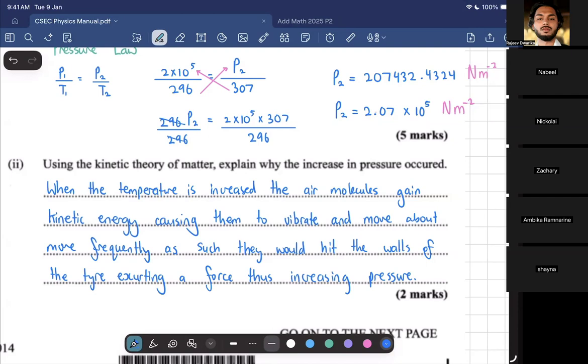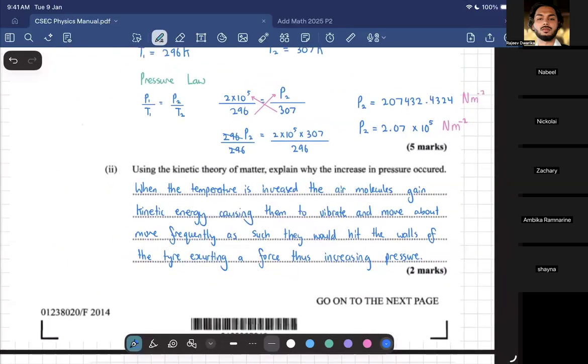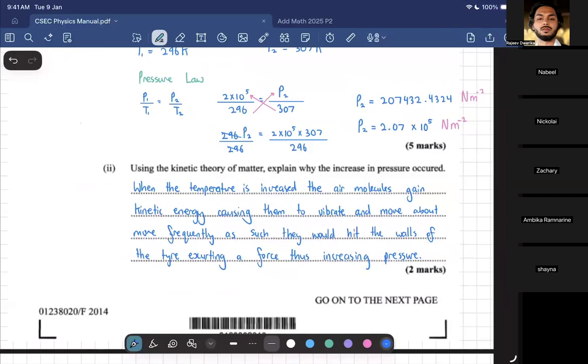If it's in an enclosed space, wouldn't the molecules push against the wall with a greater force? Yes, sir. Right. Ambika, you understand the part about it hitting the wall and increasing the pressure? Yeah, I understand.